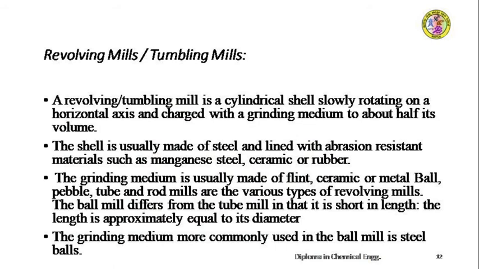Now we'll take up the other type of grinding equipment, that is revolving mills or tumbling mills. As the name indicates, these mills revolve during operation, whereby a tumbling action takes place, that is, the contents of the revolving part of the machine cause the solids to tumble about inside.